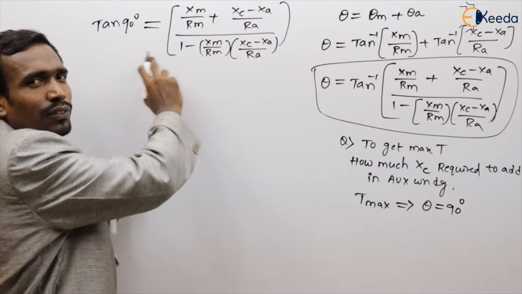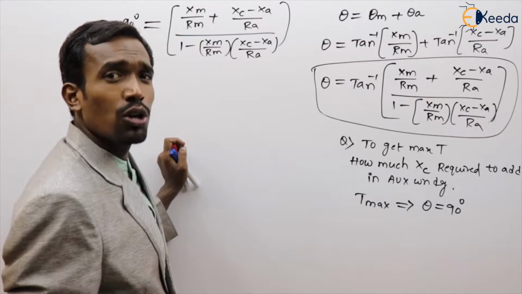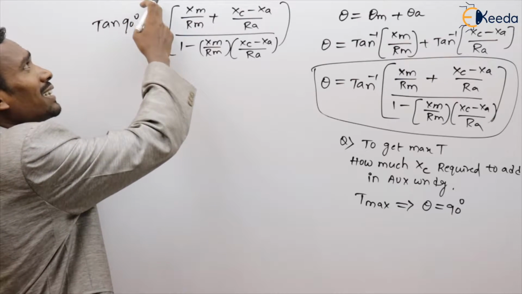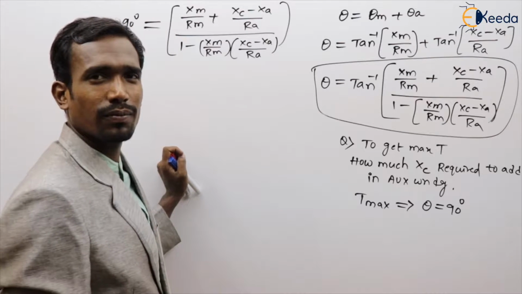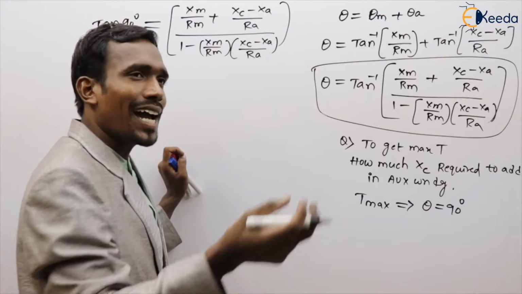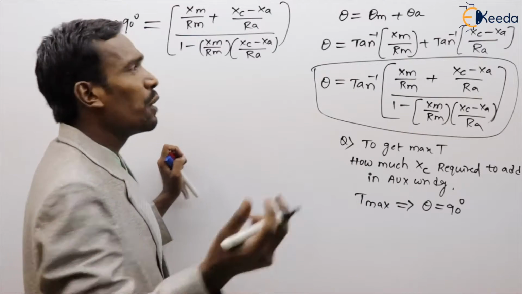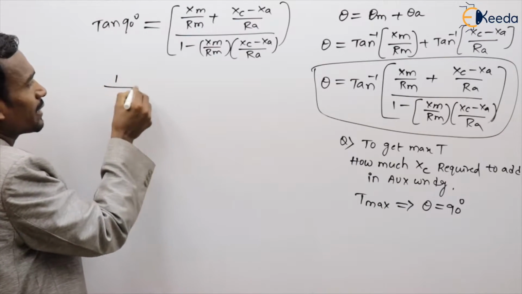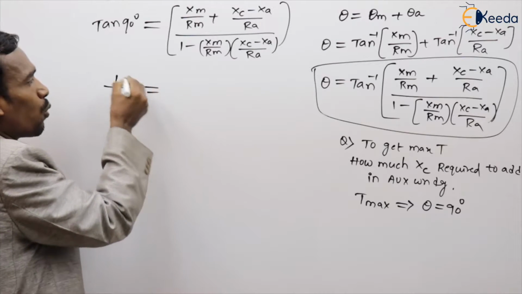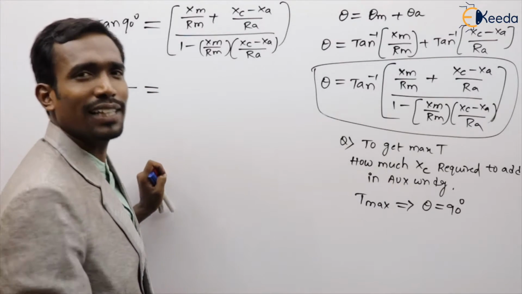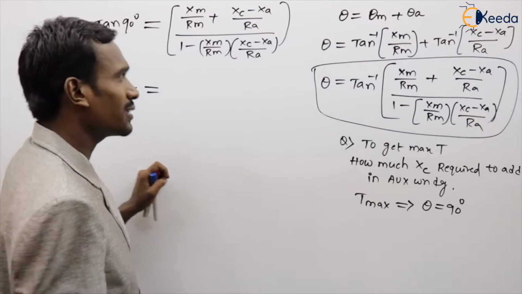If this is infinite, we can't determine the value directly. So tan 90 can be written as sin 90 by cos 90. Sin 90 is 1, cos 90 is 0, so 1 by 0 is infinite. Yes, the same.